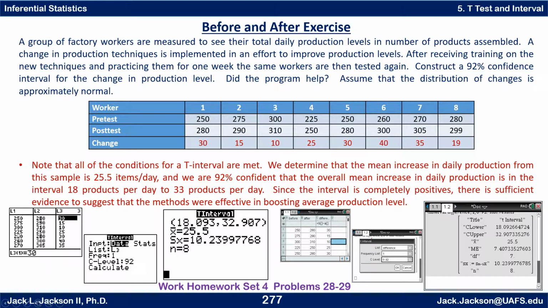On the left, L1 is the pre-test before, L2 is the corresponding post-test after. Be sure they're lined up with the same person on the same line. Then for L3, put your cursor on L3, type in L2 minus L1, and it will do the subtractions for you, which we have listed up here in the table and down here. Run a t-interval with data from L3.